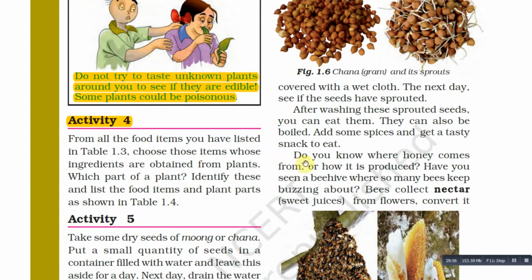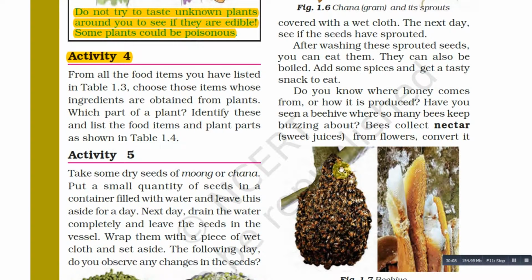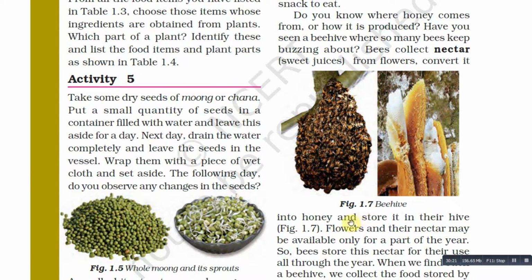Okay. Do you know where honey comes from or how it is produced? Have you seen a beehive where so many bees keep buzzing about? Bees collect nectar, which is sweet juice, from flowers. So bees collect nectar from flowers, convert it into honey and store it in their hive.